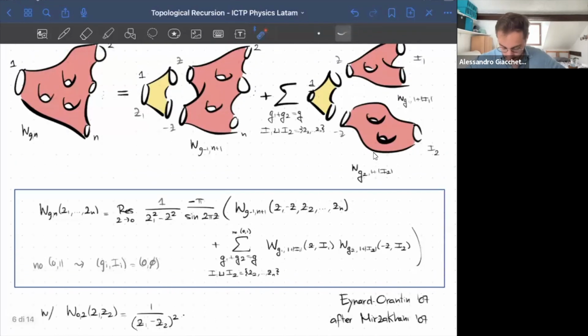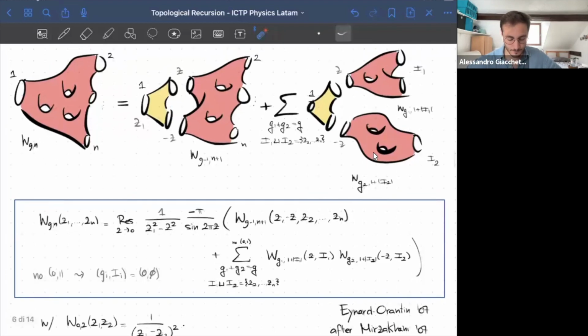Well, the last thing I wanted to say is that this formula was proved by Eynard and Orantin by essentially taking the Laplace transform of a formula by Mirzakhani, who proved this kind of formula from geometry using hyperbolic geometry.